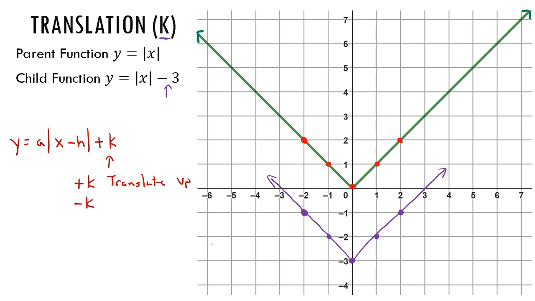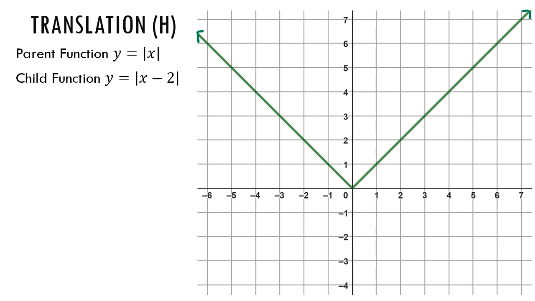And if it's a minus, it translates down. So that back value behind the absolute value sign will move the graph up and down. It moves all the points up and down based on whatever that number is.